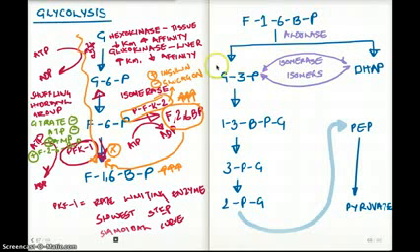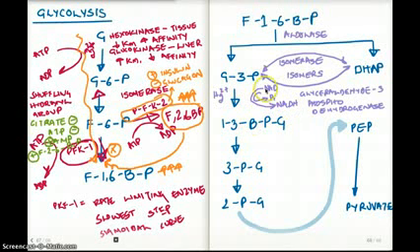Now from glyceraldehyde 3-phosphate, we are getting 1,3-bisphosphoglycerate. The enzyme we are using here is glyceraldehyde 3-phosphate dehydrogenase. We're removing a hydrogen, and that hydrogen is converting NAD to NADH. This process also requires one inorganic phosphate and uses mercury as one of the metabolites.